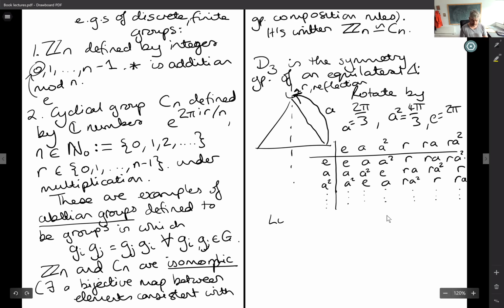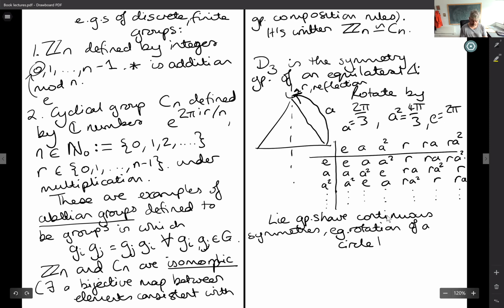So Lie groups are very important in particle physics. And they're a different case to these finite groups. Lie groups are about continuous symmetries, not discrete ones. So an example of this is a rotation of a circle around its center by some angle.